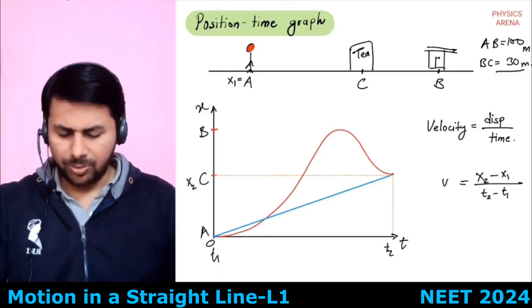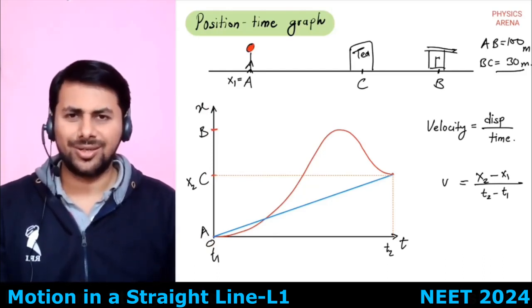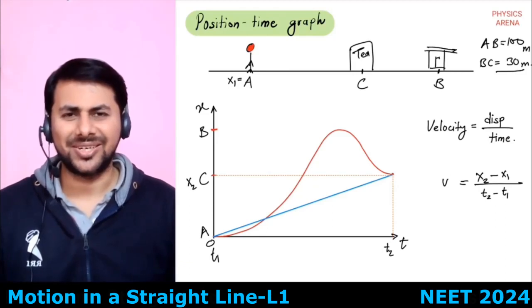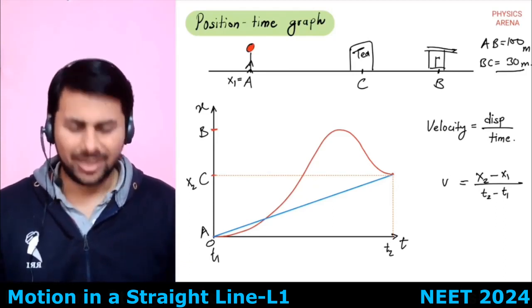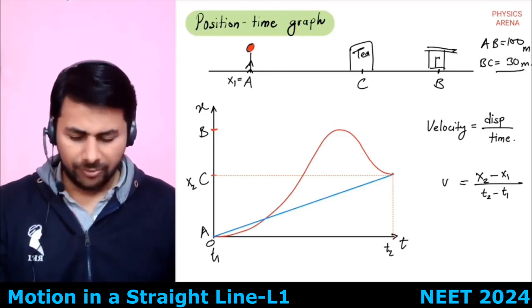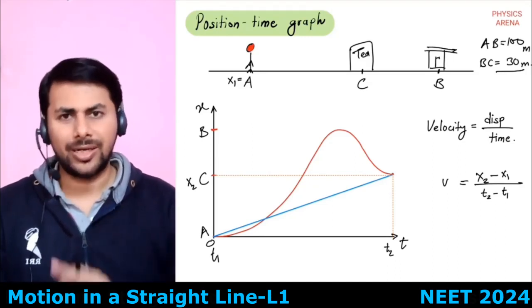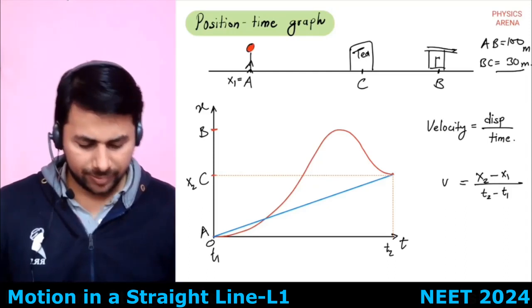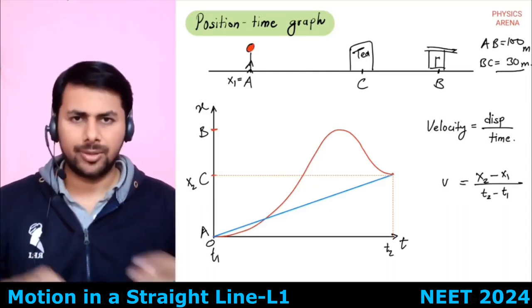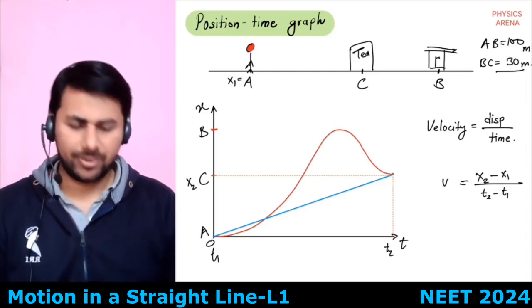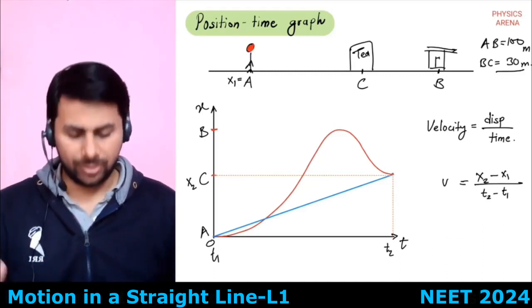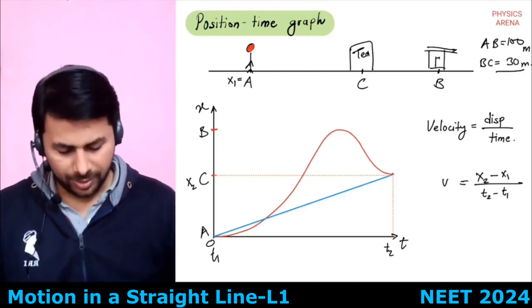Now suppose there is a watch. Nowadays we wear smart watches, which know at what position you were at any point. So suppose you know the position as well as the time. What will you do? You can plot those positions with respect to time.